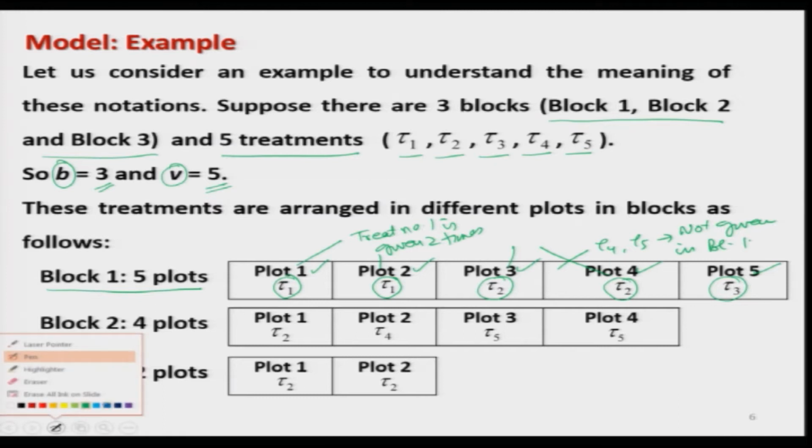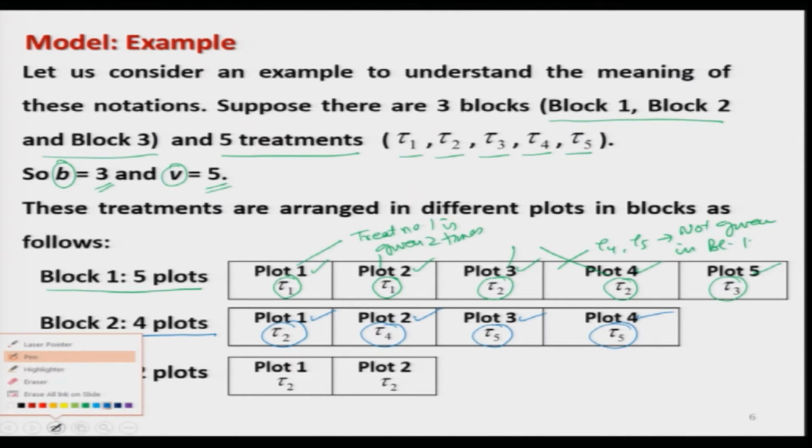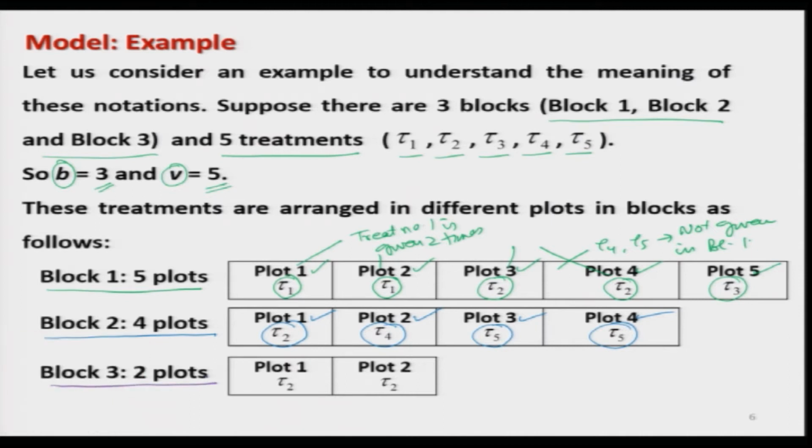Similarly, block number 2 has 4 plots, plot 1, 2, 3 and 4, and we give treatment 2 to plot 1, treatment 4 to plot 2, treatment 5 to plot 3 and treatment 5 to plot 4. Similarly, block number 3 has only 2 plots, and in both the plots we give treatment number 2.